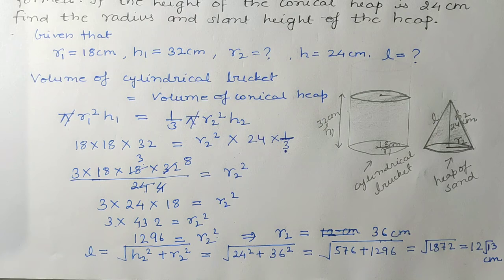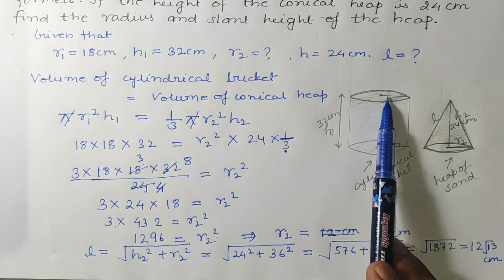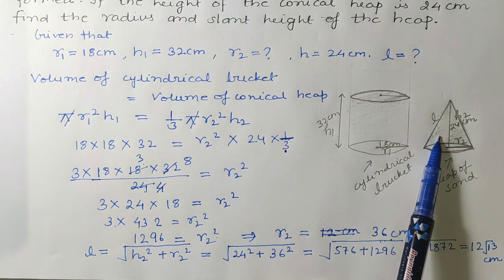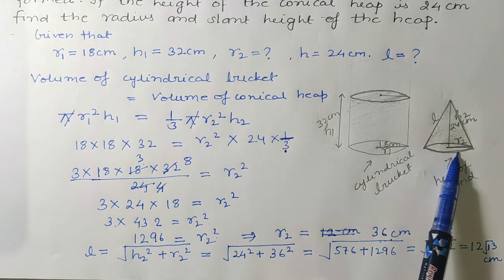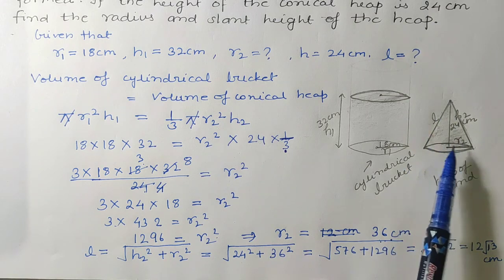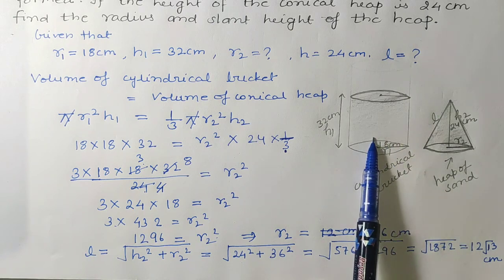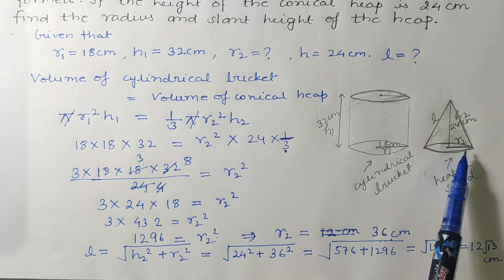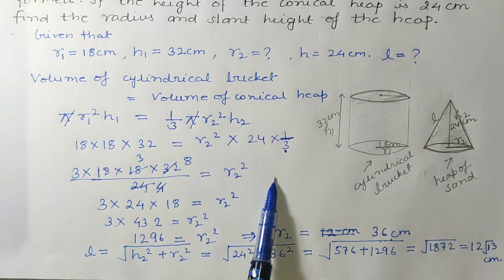What have we done, what concept have we used? The concept was very easy, that when this cylindrical bucket is emptied and all the sand is on the ground in the form of conical heap, then the volume of this cylindrical bucket is equal to the volume of conical heap. Okay students, after that we put all the values.